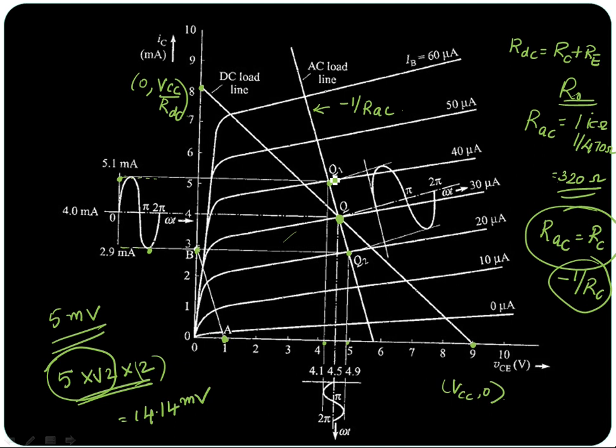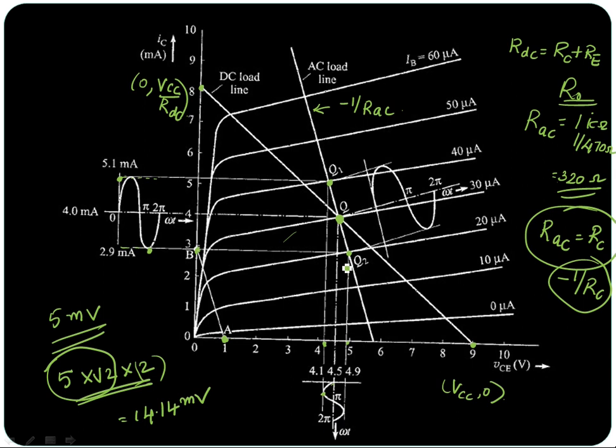Okay. Now what will happen as it moves towards Q1? Again you can see IC is increasing, from 4 milliampere to 5.1 milliampere. But you see here VCE is decreasing from 4.5 to 4.1 volt. Which means obviously you are seeing a phase difference of 180 degree here.